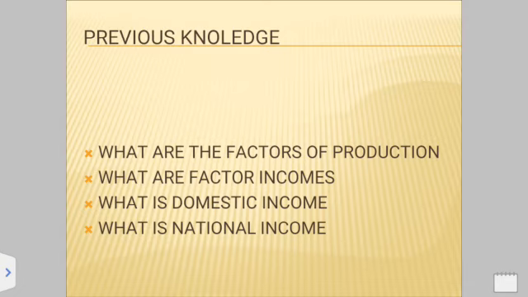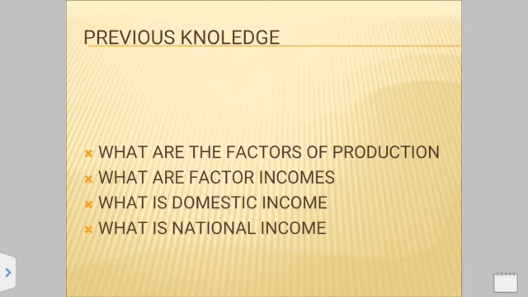Dear children, whenever we undertake any production process, we have to make use of the different factors of production. And all of us know there are broadly four factors of production: land, labor, capital, and entrepreneurship.